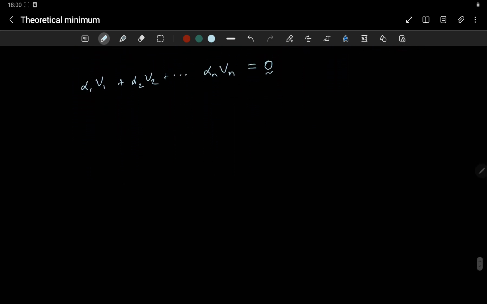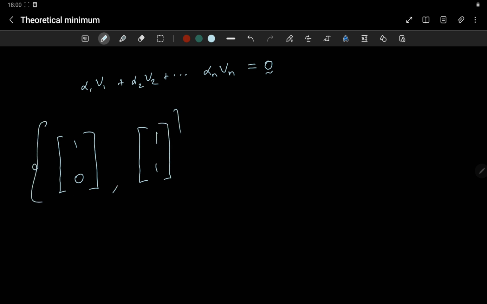So now let's say 1 0, that's v1, and then 1 1. This is a set v1, v2.